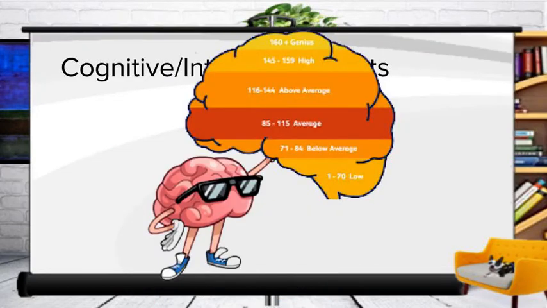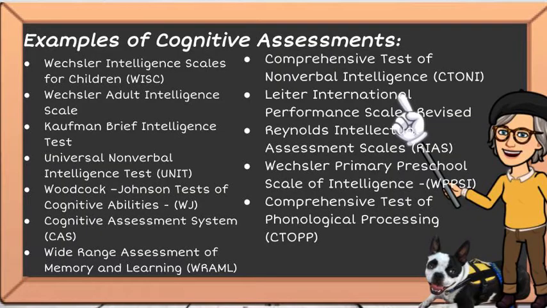Cognitive assessments are often called intelligence tests. Individually administered intelligence tests are often used for making decisions about educational placement. An example of a cognitive assessment would be something like the WISC, the Wechsler Intelligence Scale for Children, or the Wechsler Adult Intelligence Scale. We can look at the Kaufman Brief Intelligence Test, the CAS. We can look down this list. We get a lot of different choices.